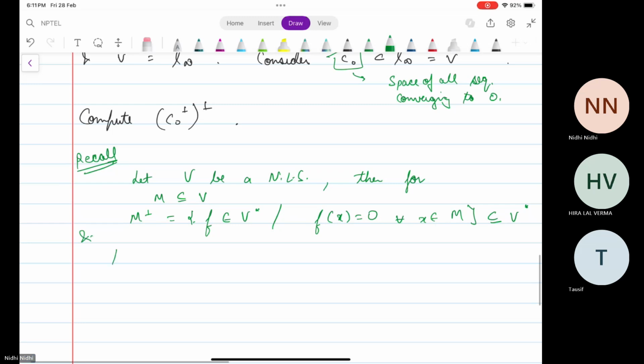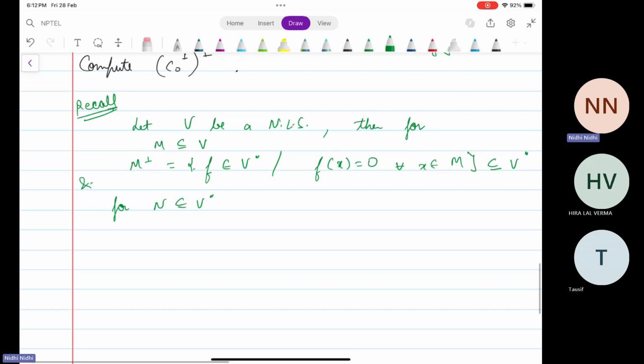And for N subset of V star, we define N perp as the set of all those points x in V such that f of x is equal to 0 for every f in N. Now this is a subset of V.